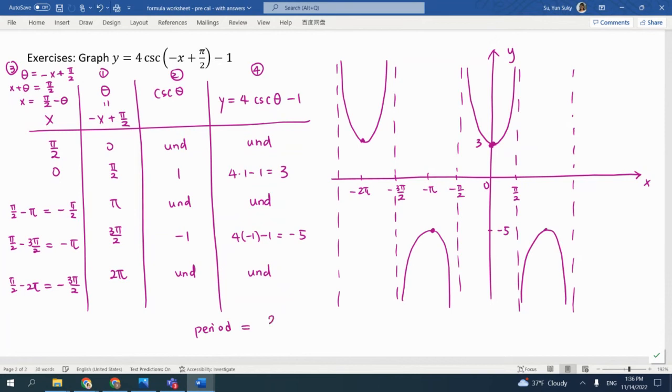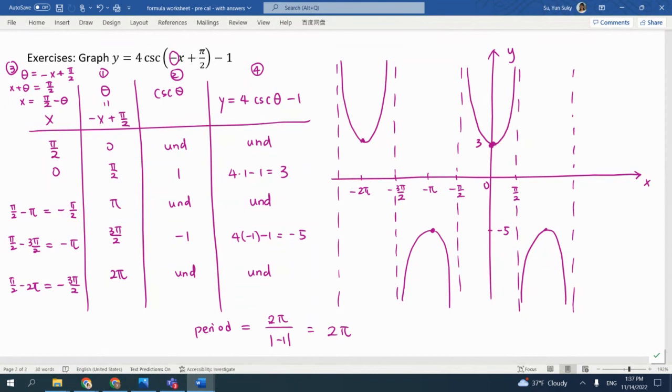You use the period of cosecant, which is 2 pi, but do you see the coefficient of x is -1? If the coefficient is negative, you divide by the absolute value of it. So which means it's the same thing. Your period is always a positive number. Okay, everybody?